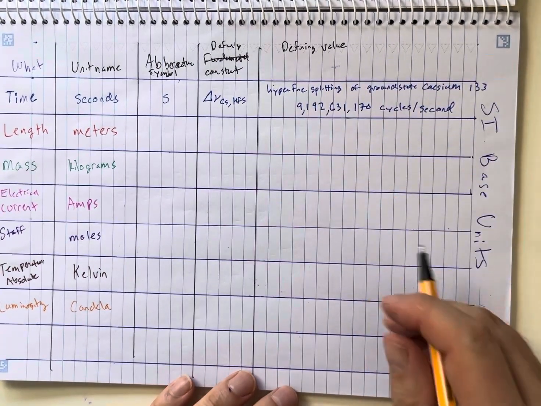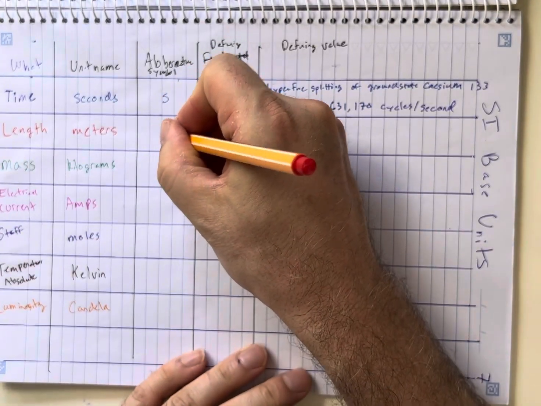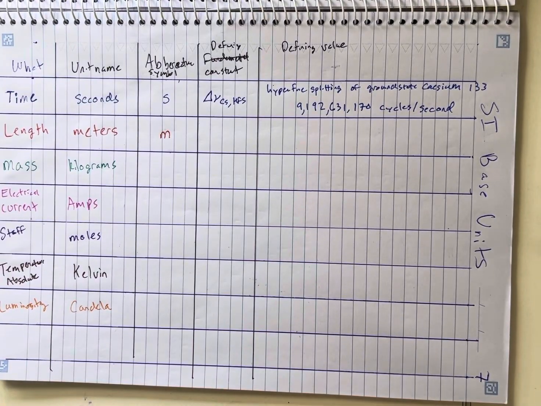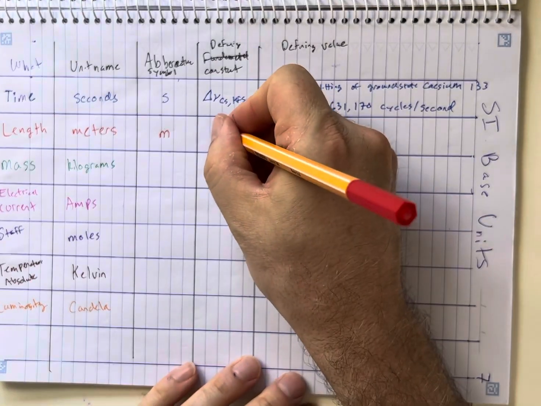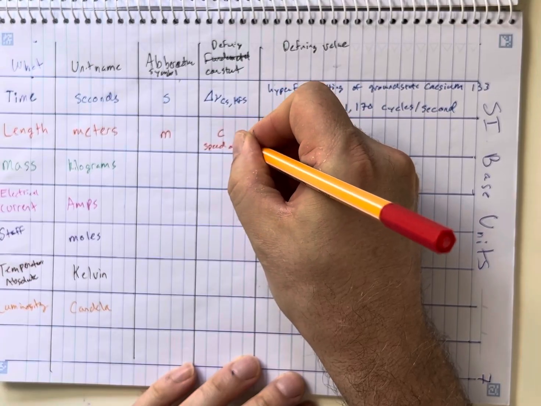So this is about 9 gigahertz. Okay. Next up, we've got length in meters. That's got the symbol little m. Its defining fundamental constant is c, the speed of light.